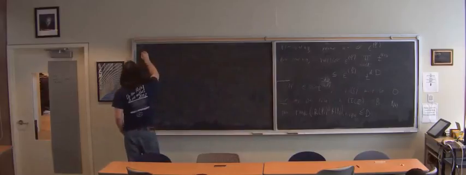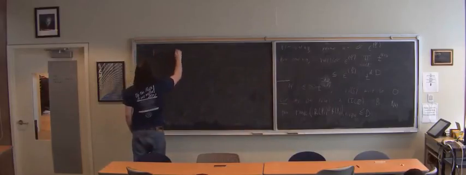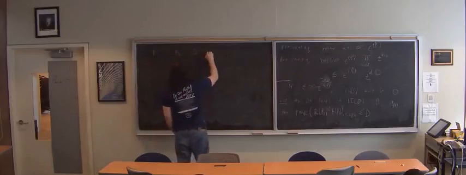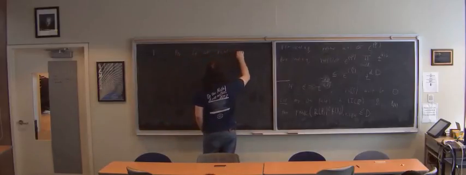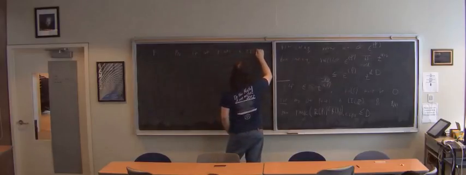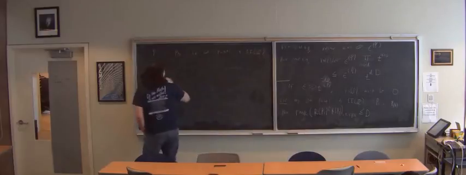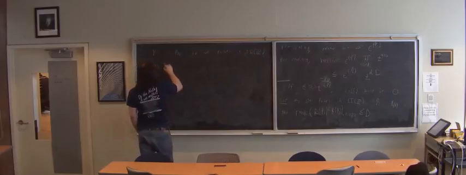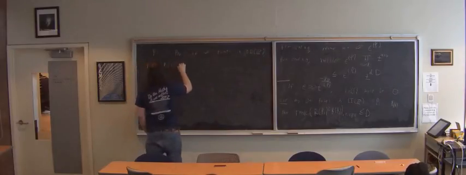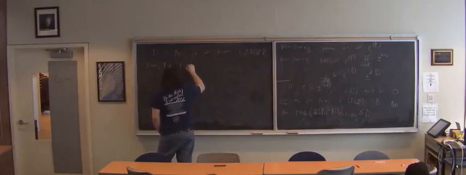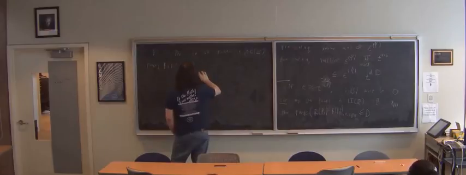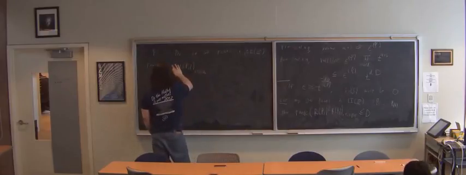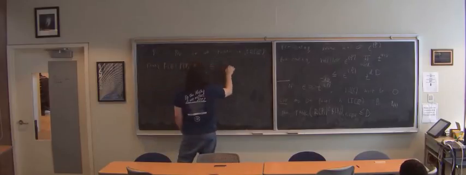So, therefore, if you let P1 through Pn be all points in Ti of z, the rank of R of pi minus R of p1, for i from 2 to n, is at most d.